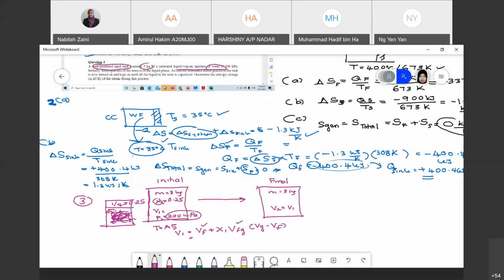Then you will get V1 equal to 0.22224 meter cube per kilogram. Do you get this?